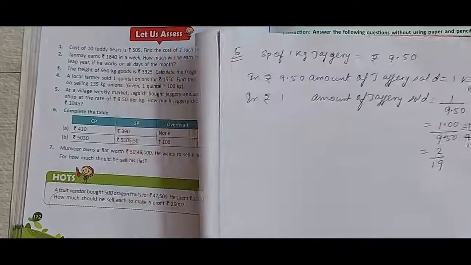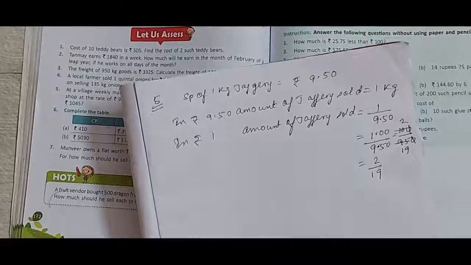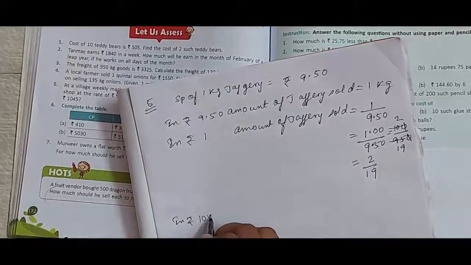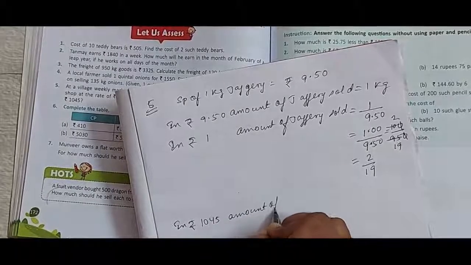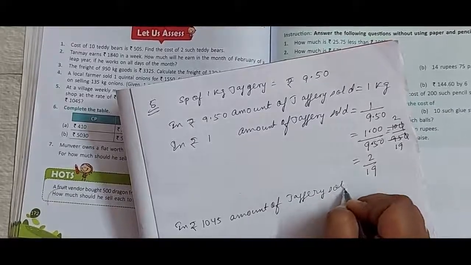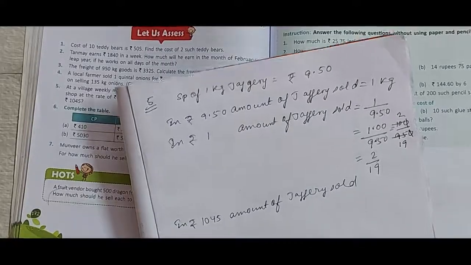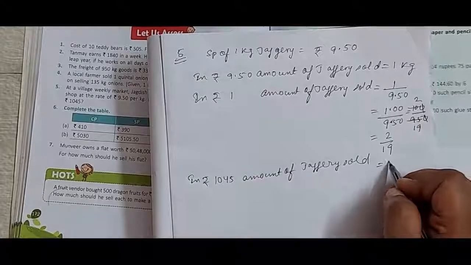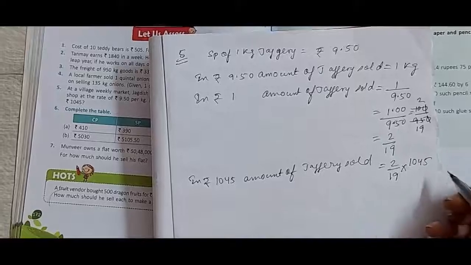Now the question is how much did he buy in all if sold for rupees 1045. So in this case you will write, in rupees 1045 amount of jaggery sold equal to 2 by 19 into 1045.